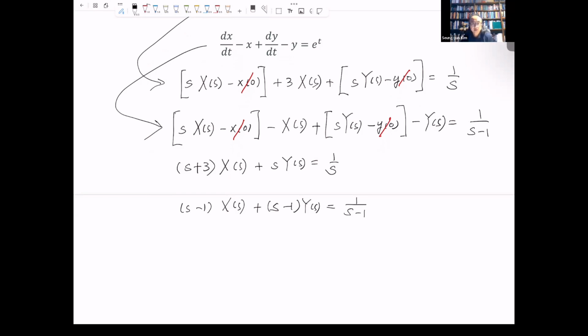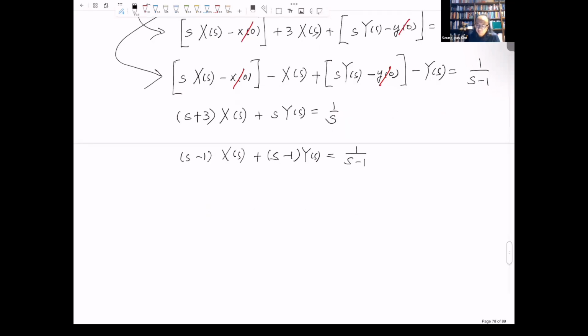It is kind of standard form so that we can put this into Δ1 and Δ2, meaning everything with x and y on the left-hand side, nothing with x or y on the right-hand side. So Δ equals the determinant of (s plus 3), s, (s minus 1), (s minus 1), that equals ad minus bc.